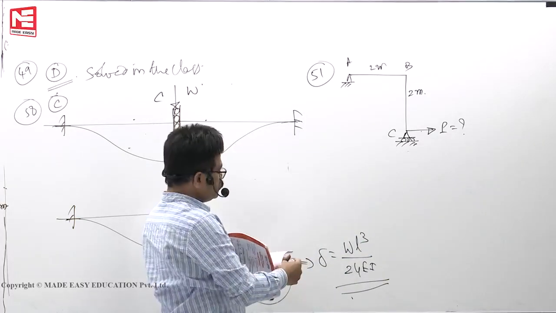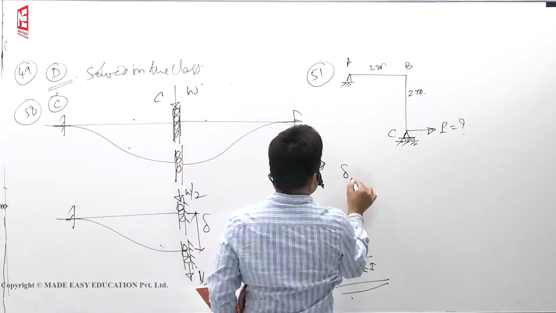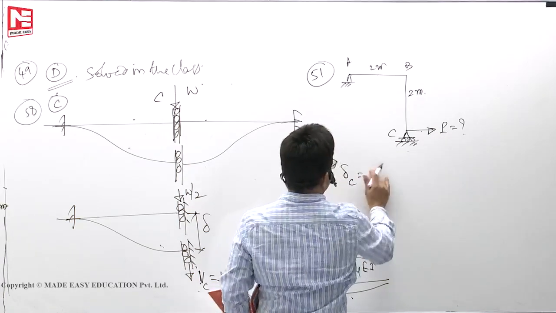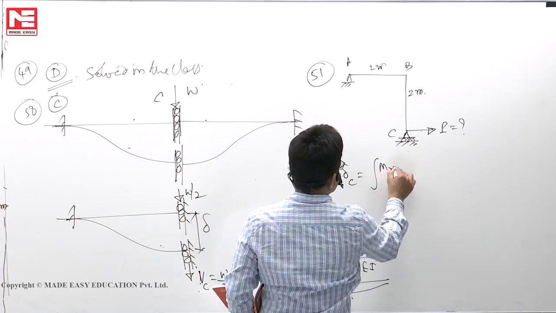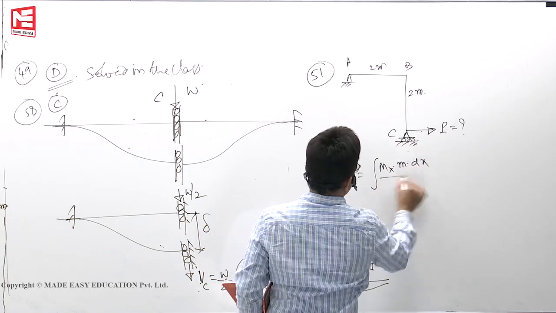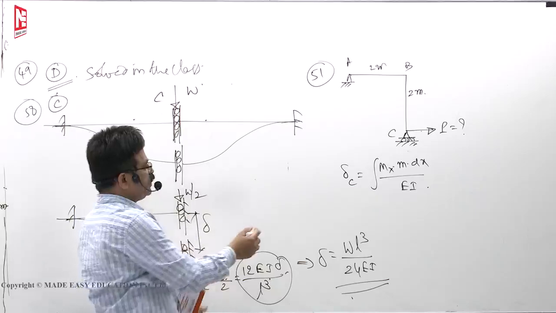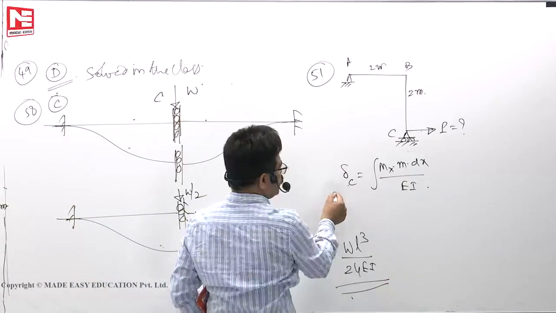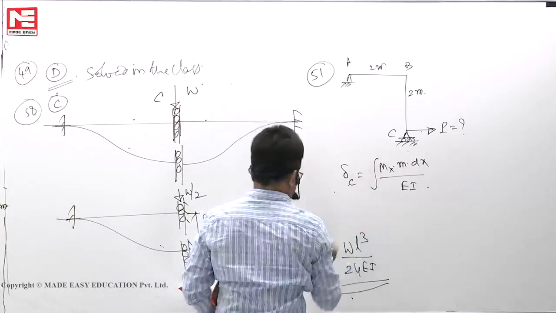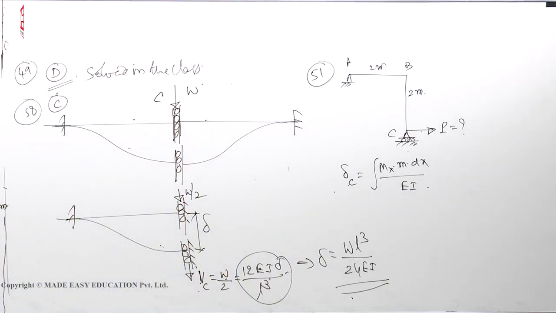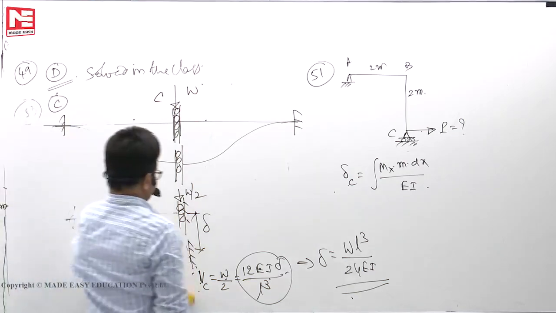Okay, so delta C is equal to the integral of mx m dx by EI, because it is a flexural member. Now delta C we know is delta, mx m we have to calculate. From that we can get P.